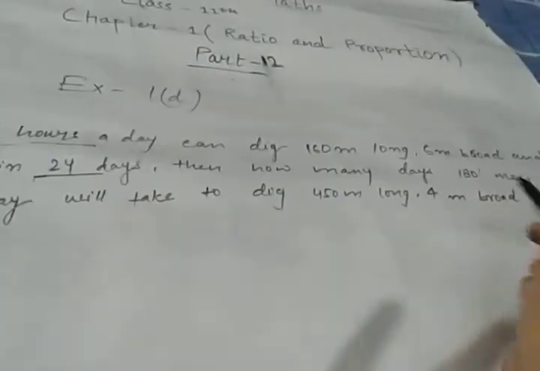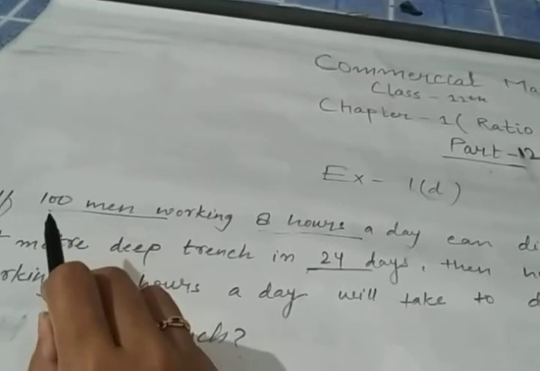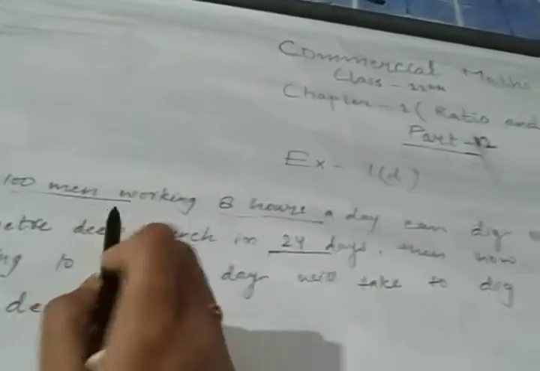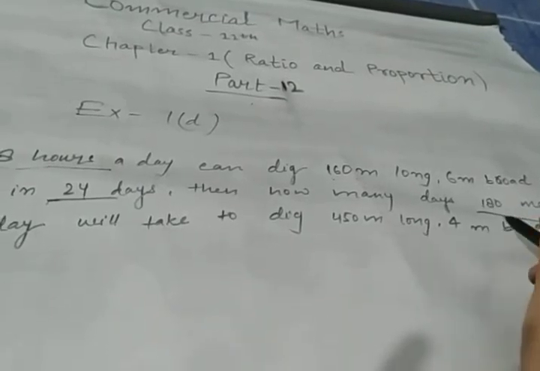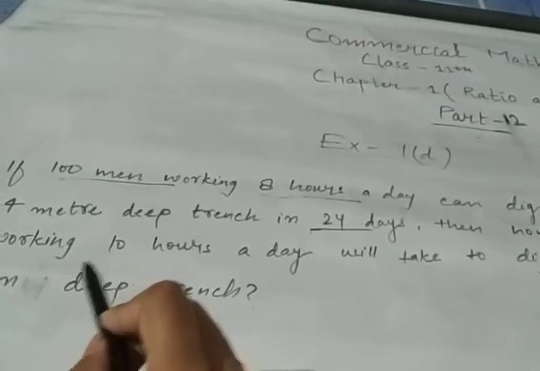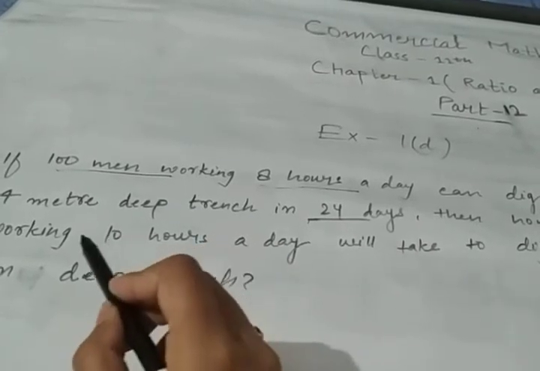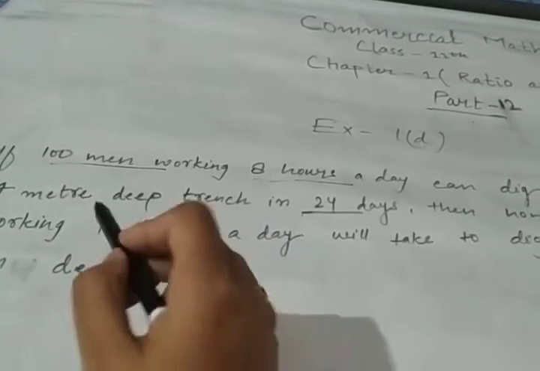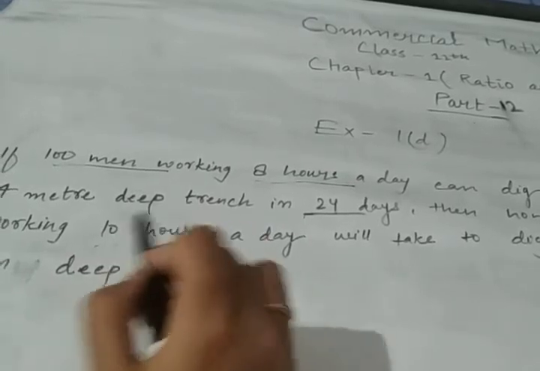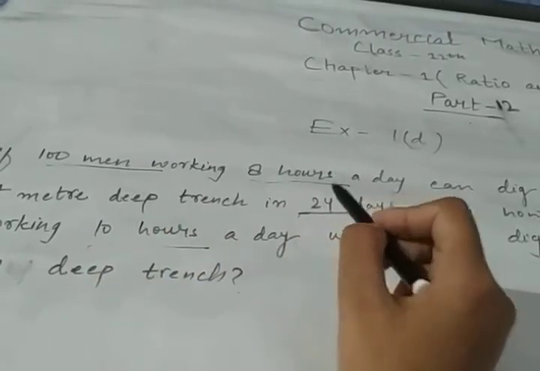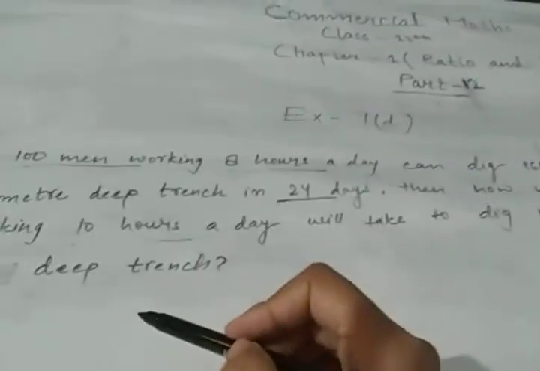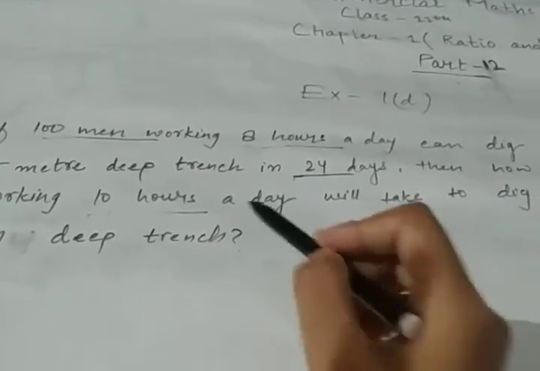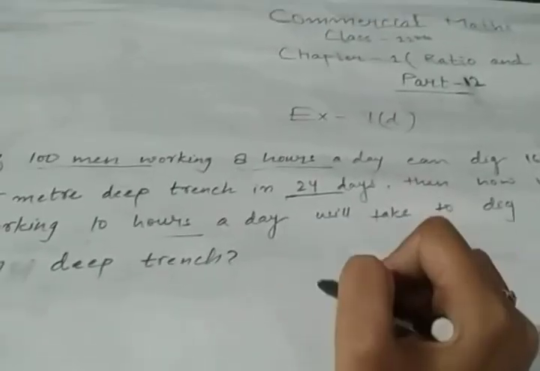Then the number of men is increased to 180, and the working hours are also increased to 10 hours, from 8 hours. And we have to find the number of days to complete this work.